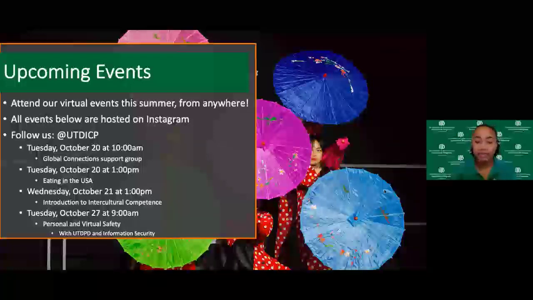Unfortunately, there are some people that do try to target international students, or really they just try to target anyone, to take advantage of maybe their lack of knowledge, right, in regards to how things might work in America. So we want you to be safe. We want your information to be safe. So come out for this event and learn what you need to do to protect yourself.